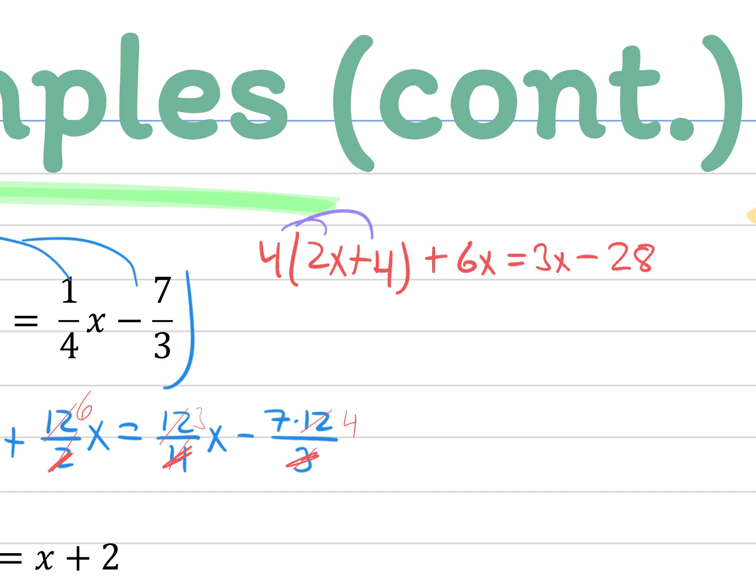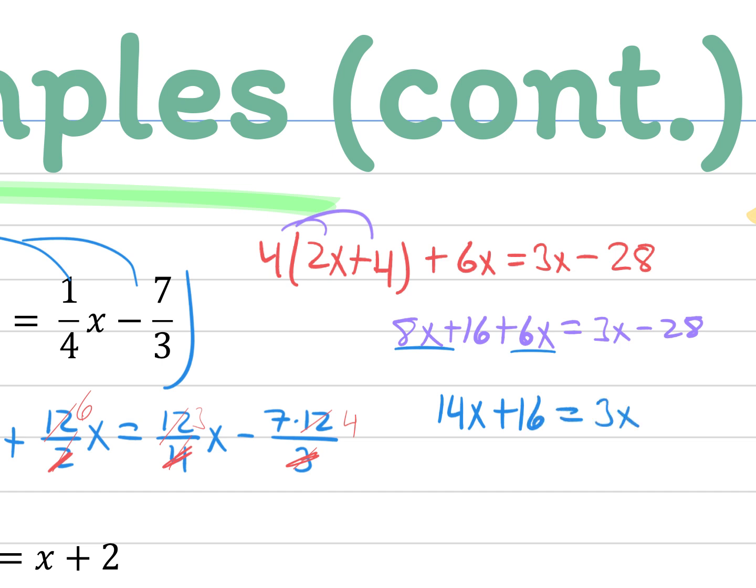Distribute the 4 to everything. Then we get 8x plus 16 plus 6x equals 3x minus 28. Combine like terms: 8x and 6x give you 14x plus 16 equals 3x minus 28.